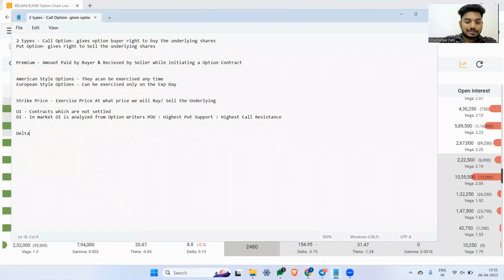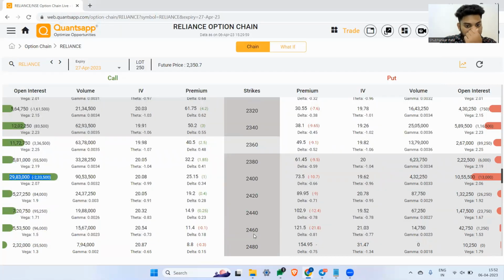Then we have something named delta. What is delta? Rate of change in premium due to change in the underlying. It is very simple. It shows how much your underlying is impacting your option premium. Let's say this is the 2380 option. If Reliance moves up by 1 rupee, this option will move up by 0.41 rupees.